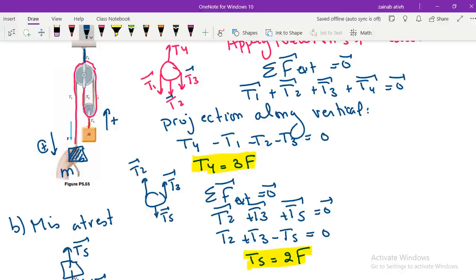To find the acceleration of big M, we must notice something very important: if big M and the pulley move upward a distance x, the string slackens on both sides by a distance x.